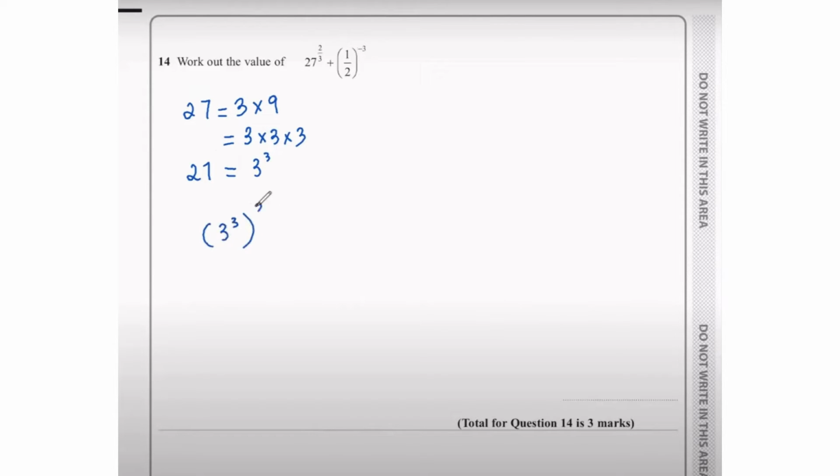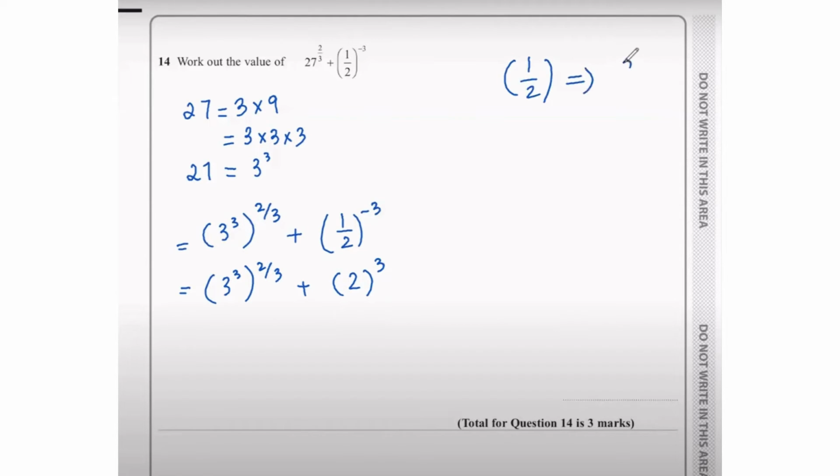So 3 cube whole power 2 by 3 plus 1 over 2 whole power negative 3. Now, whenever we have a negative power, the only way to make it positive is to take reciprocal of the term. So when you take reciprocal of the term, 1 over 2, that's going to make it 2. So it becomes 2 cube now.